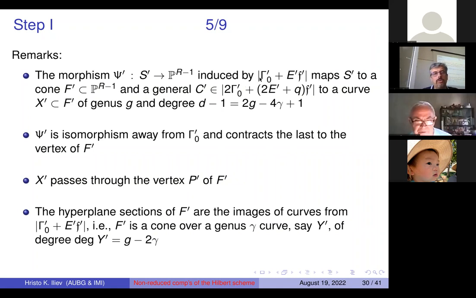It is induced by the linear series gamma prime naught plus E prime F prime on S prime. So it maps S prime to a cone over a curve of genus gamma and degree G minus 2 gamma. As I said, X prime passes through the vertex.